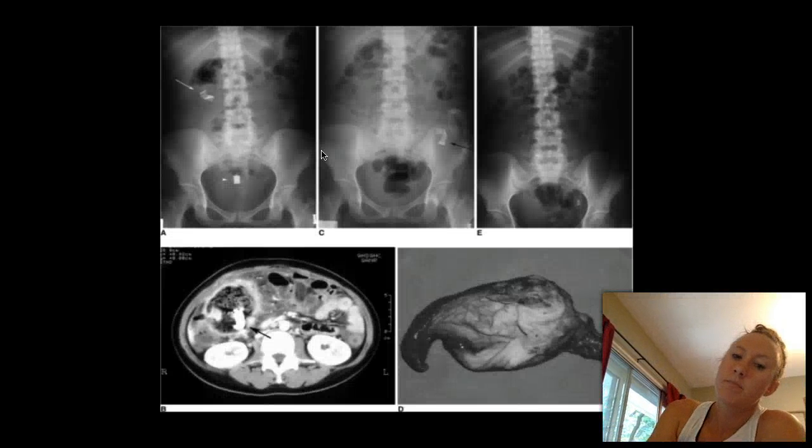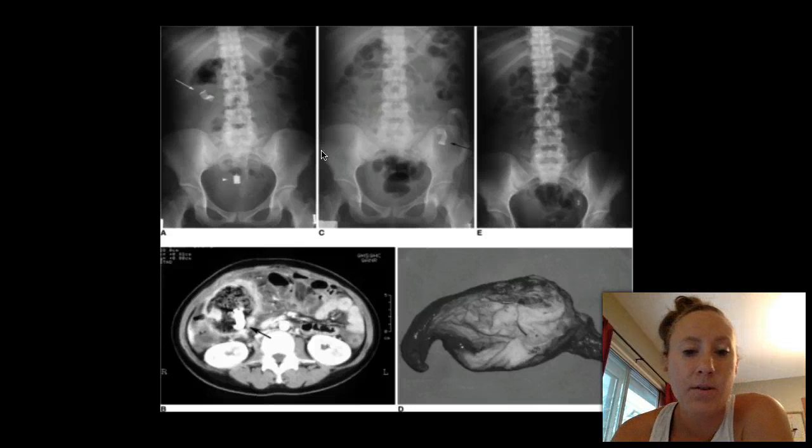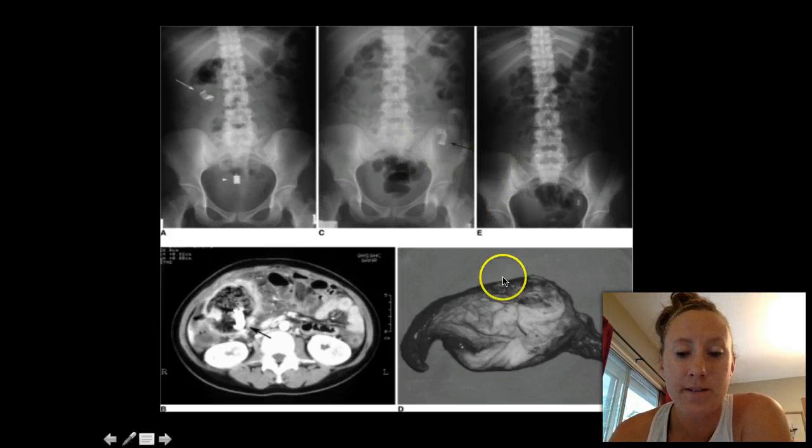Here is a 25-year-old woman who had a mishap during surgery. It wasn't her fault, but the doctors basically left this surgical sponge, you see in figure D, inside of her.